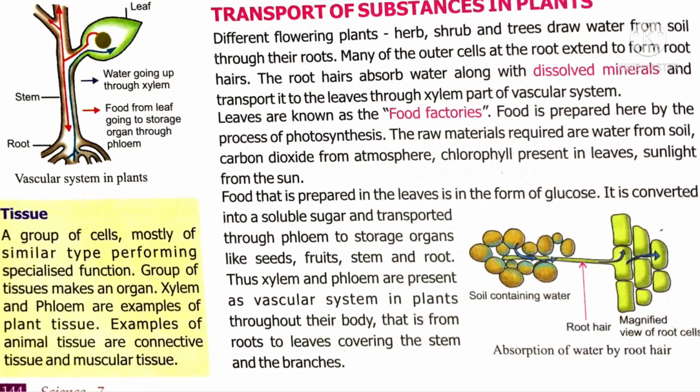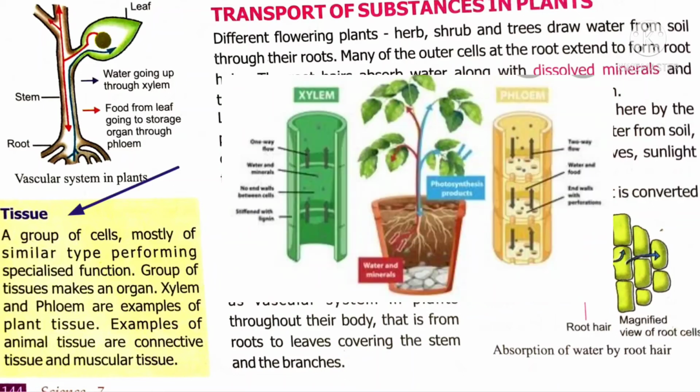Now let us learn what tissues are. Tissues are groups of cells which group together and perform similar functions. I told you about xylem and phloem. These are called tissues because xylem is a group of different kinds of cells, but they perform together one function, that is transporting water and mineral particles.